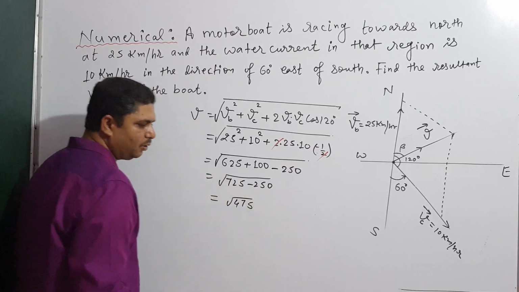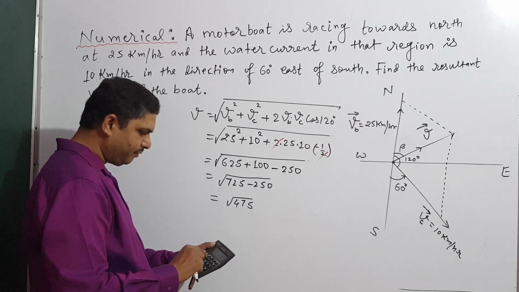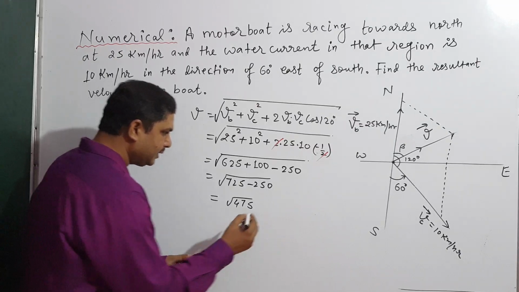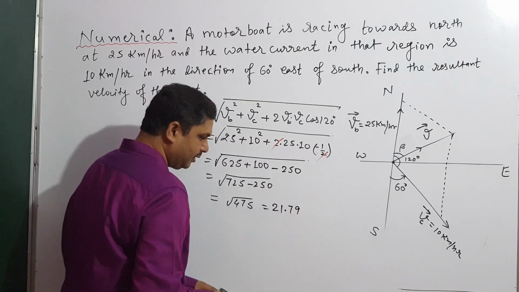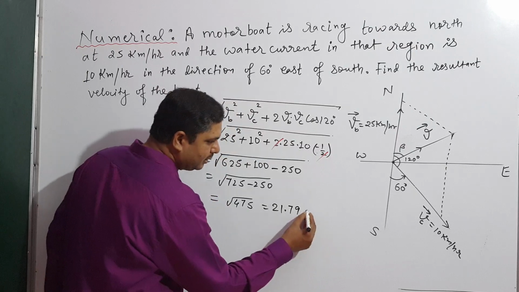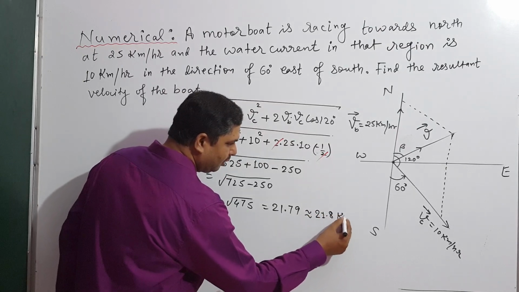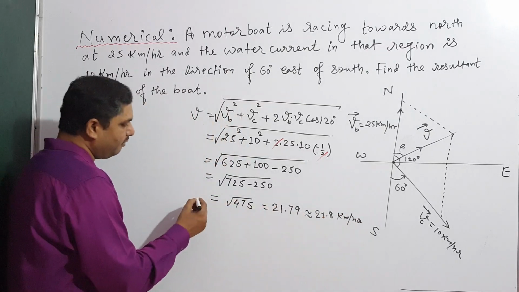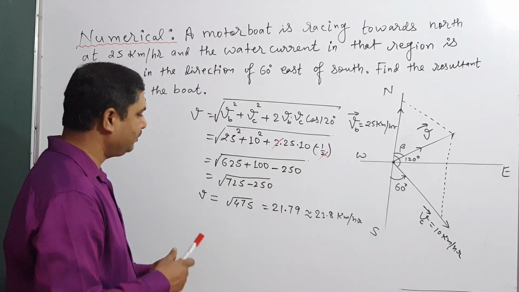Now you have to find the root of 475, which is equal to 21.79, which you can write as 21.8 kilometer per hour. So you get the velocity V, the velocity of the resultant.